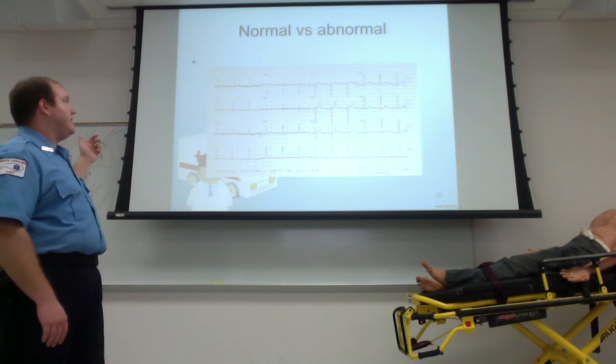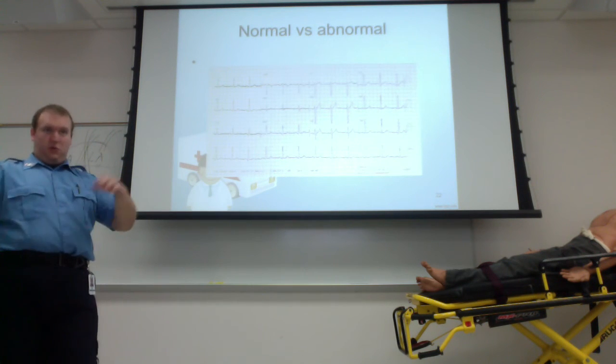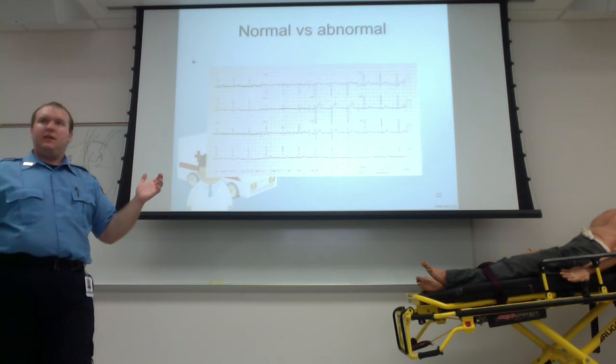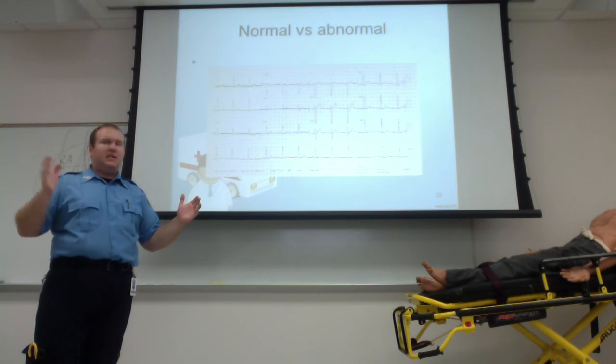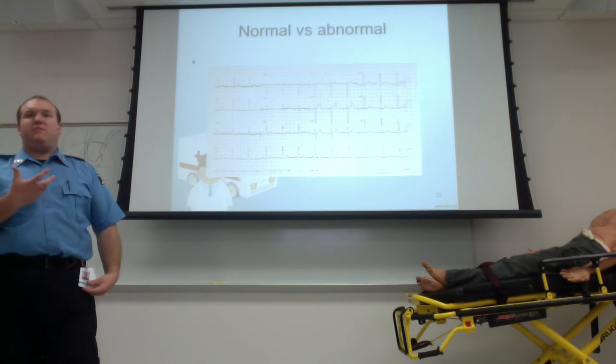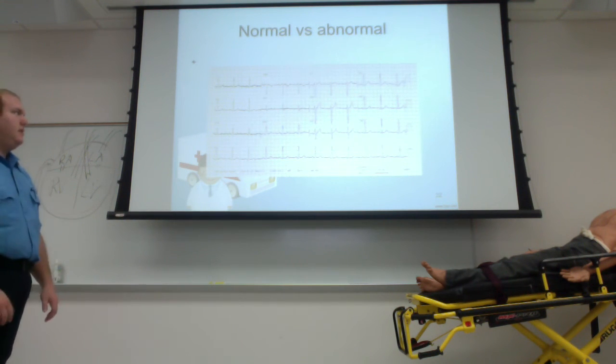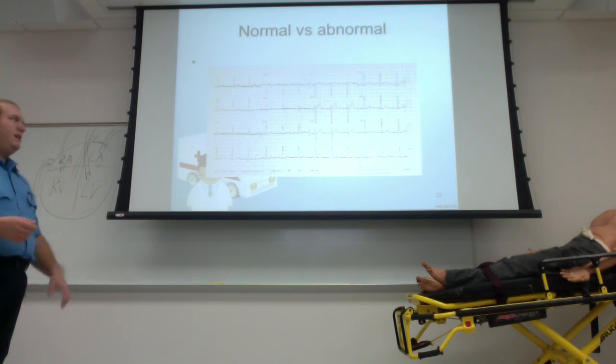For example, you may see elevation in every single lead. That doesn't mean every single artery is blocked and they're about to die on us. If you see all of them elevated, chances are they've got pericarditis, which is inflammation of the heart and the sac surrounding the heart, and gives irritation system-wide.